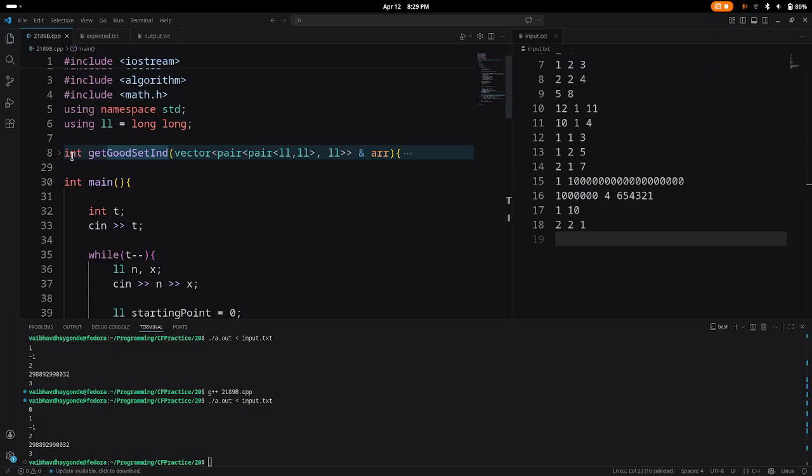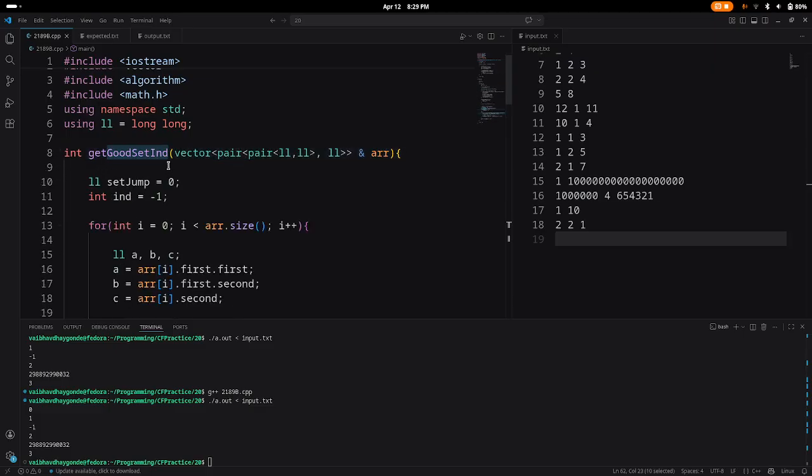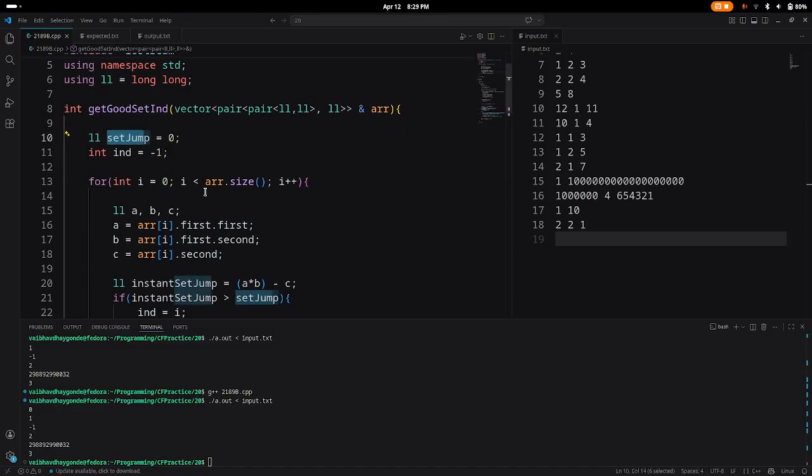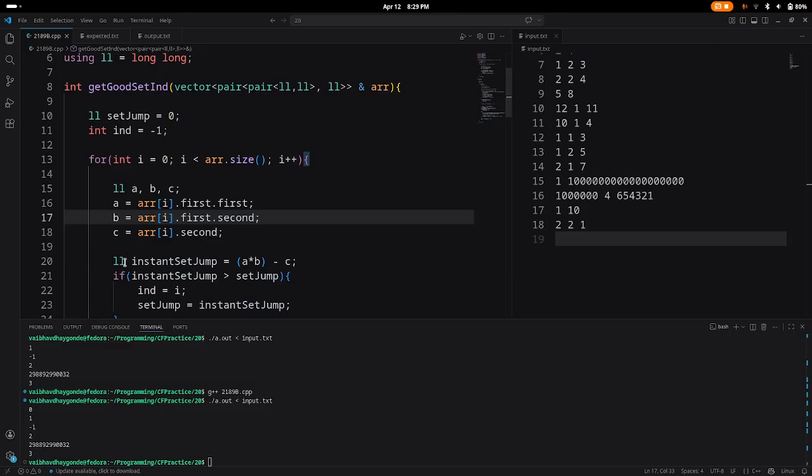Let's check this function. First of all, set jump. Now what do I mean by set jump? Set jump is actually a into b minus c. And we have to find out the maximum set jump. So I'm initiating the set jump as 0 and I'm trying to find out the maximum set jump.